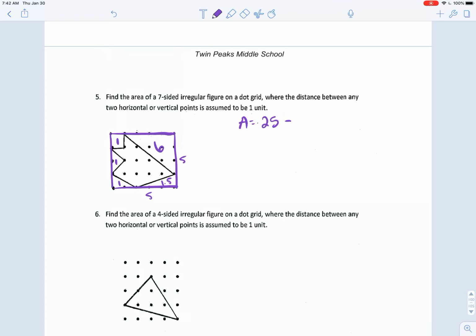So I'm going to add all of these up together. 6 plus 1 plus 1 plus 1, that's 9, plus another 1.5. So that's going to be 10.5. Let's subtract 25 minus 10, 15. 15 minus 0.5 is 14.5. So it looks like the area here is 14.5 square units.